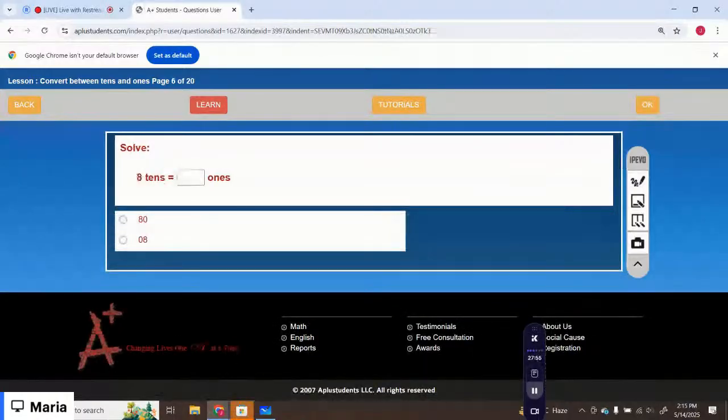8 tens equal how many ones? 8 tens equal 80 ones.